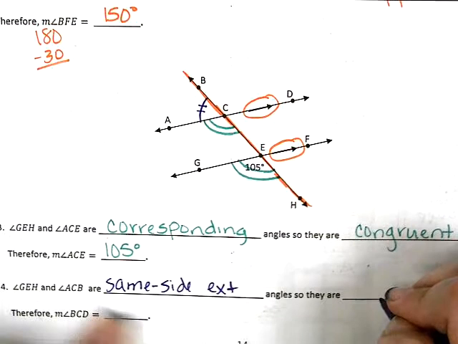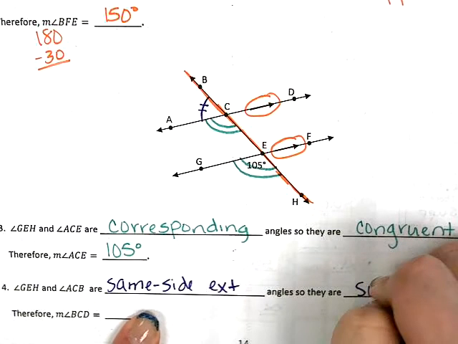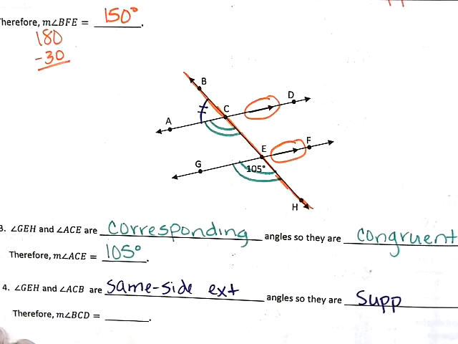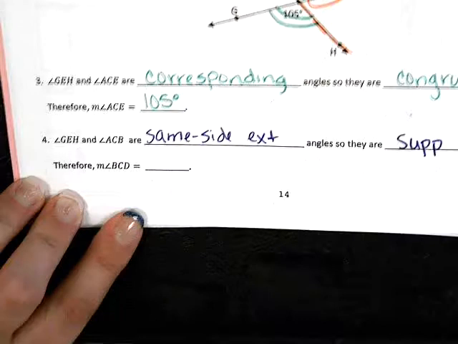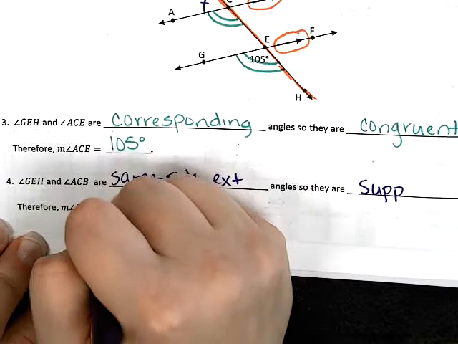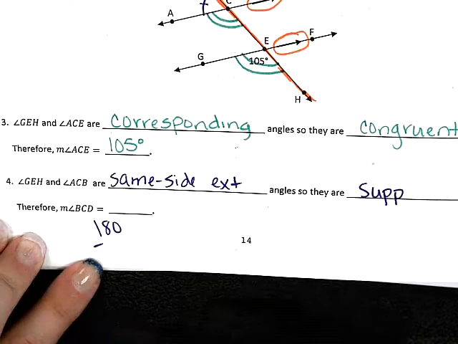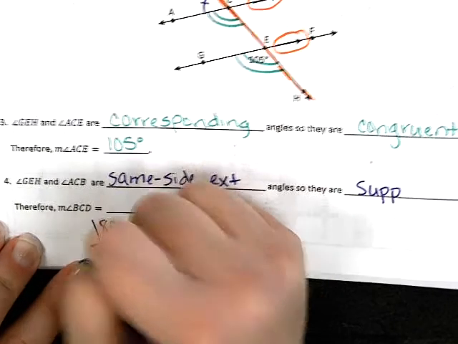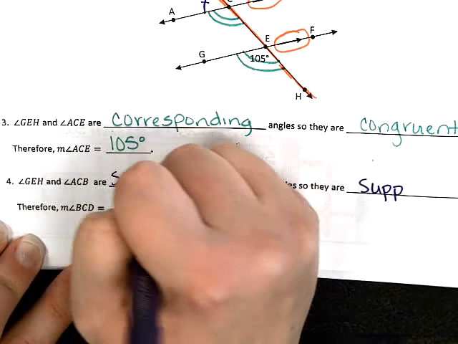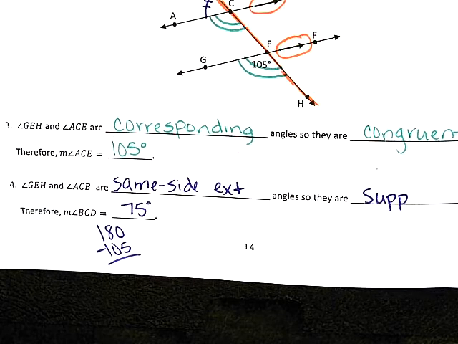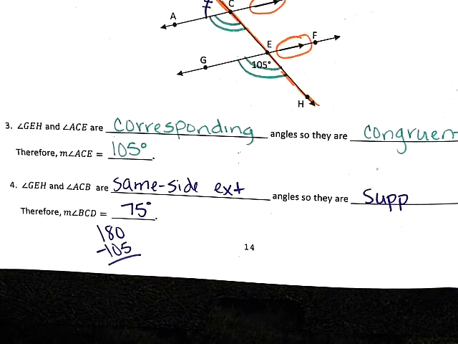And again, same side, those must be supplementary, which means they add to 180 degrees. So I can do 180 minus 105, and I get 75 degrees for the measure of angle BCD.